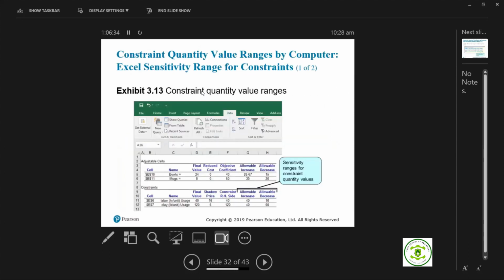All right, so I told you that the upper part is the sensitive. Now, what I have done for X1, we can do the same thing for X2. So if you want to get the sensitivity range for X2, it will be 50 plus 30, and that will give you the upper limit.